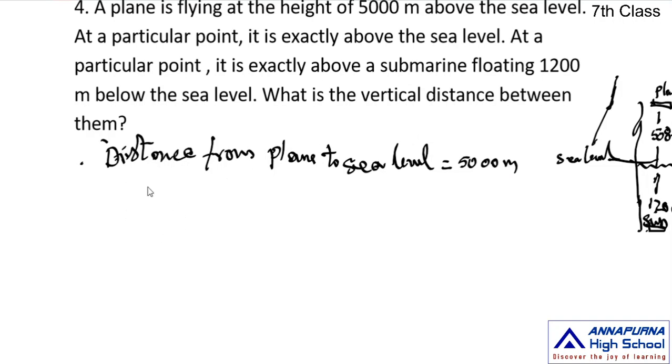Now, second one, distance from submarine to sea level. This is the sea level and this is the submarine. In between sea level and submarine, what is the distance? 1200 meters. Therefore, this is equal to 1200 meters.